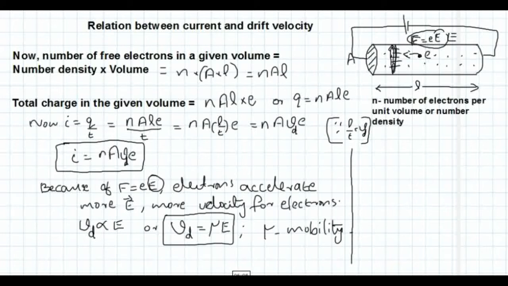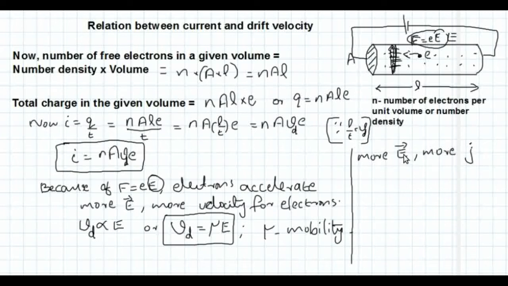Now when there is more electric field, there will be more number of electrons passing across any part of this conductor, or across any area of cross section. There will be more current present because more number of electrons are now flowing there. Therefore there is more current.